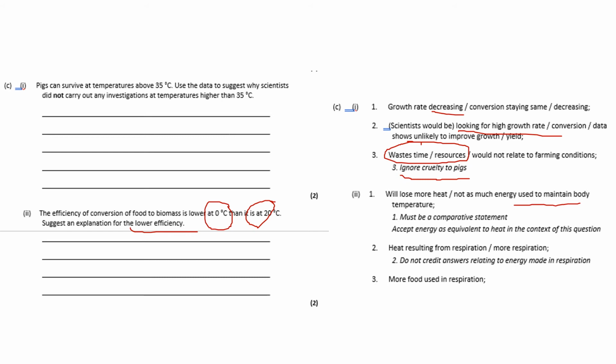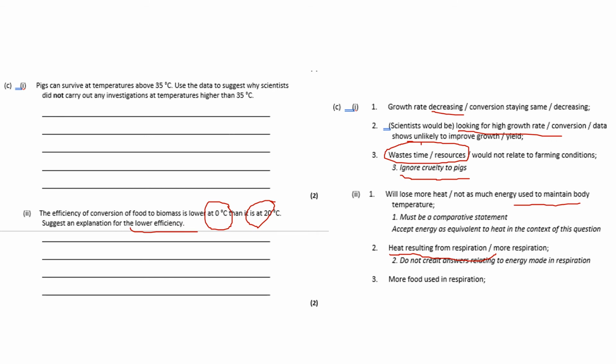Part 2 here, the answer it's asking for is you to say where that heat is coming from. So to maintain their body temperature, they're having to respire, that is generating heat, which is maintaining their body temperature. So you have to link the heat resulting from respiration as how they're maintaining their body temperature, and the food is obviously used, the third marking point, to fuel respiration.